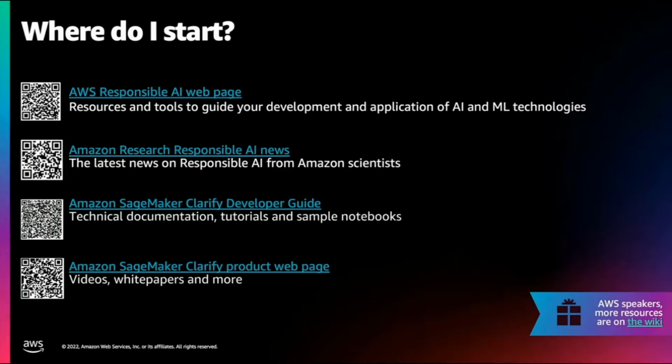So the first one includes some ultimate links to the tooling as well. The second link covers research articles on the topic, and we have published over 400 such articles on responsible AI. And the last two are specific to SageMaker Clarify, developer guide, and the product webpage with various additional materials.